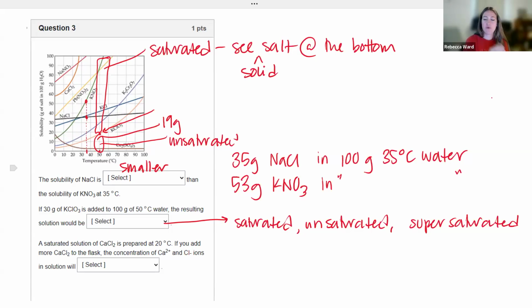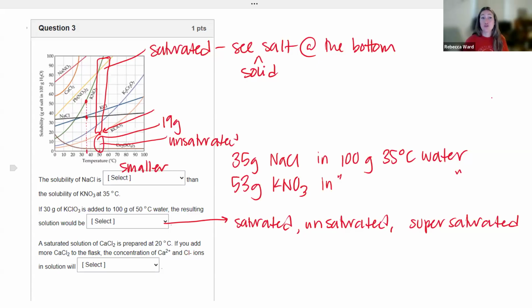We're right on the precipice, teetering between unsaturated and saturated. I'm still going to call that saturated because I can't put any more in. But technically I could look at that and say, well, there's nothing solid at the bottom, I don't know if this is saturated or unsaturated yet. I have to add a little bit more to figure that out.